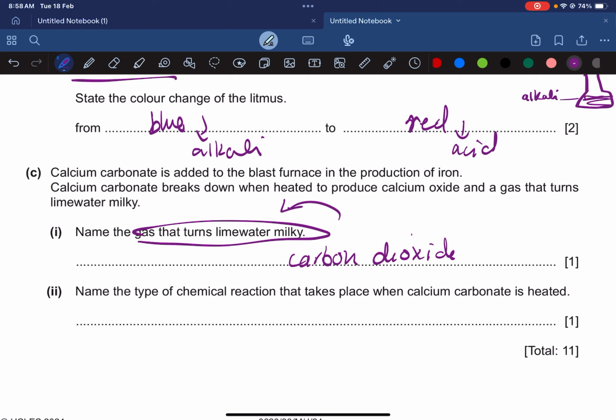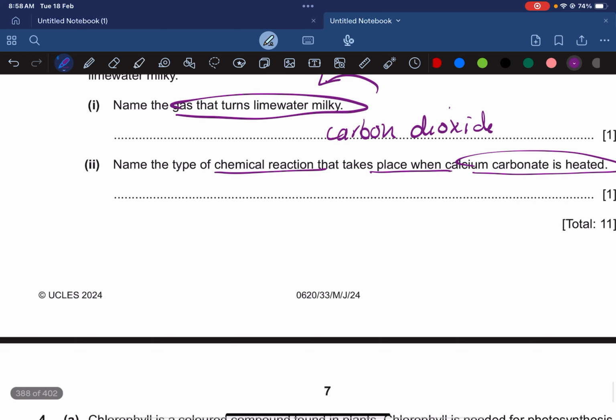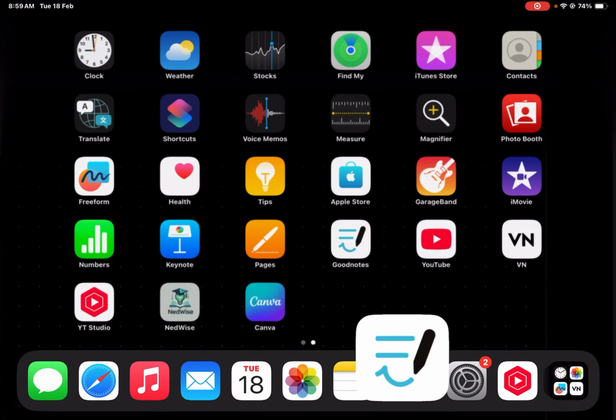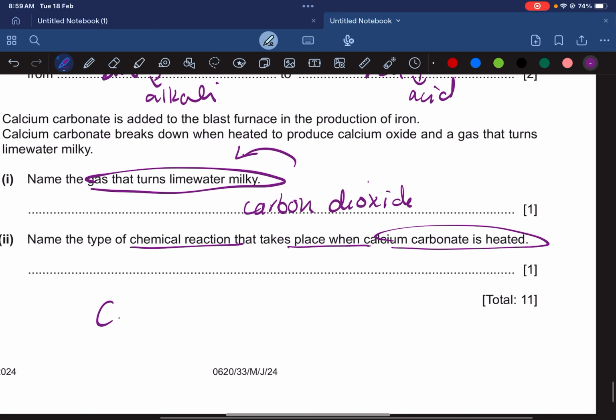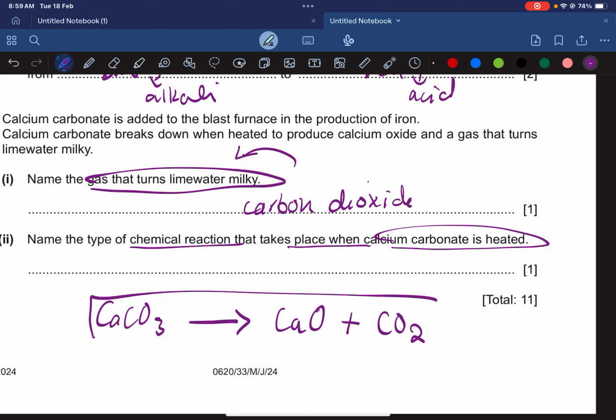Okay, name the type of chemical reaction that takes place when calcium carbonate is heated. Whenever calcium carbonate, CaCO3, is heated, it decomposes to calcium oxide and carbon dioxide. So this is the decomposition of calcium carbonate.